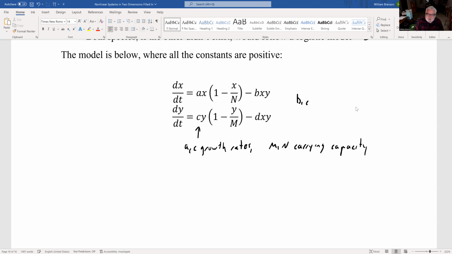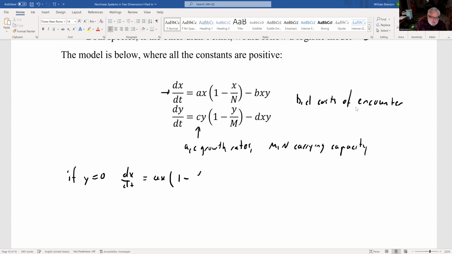And B and D are the costs of encounters. So what's going on here? So for the population X, if Y was zero, if there were no Y animals, then dx dt is a logistic term, 1 minus x over n.